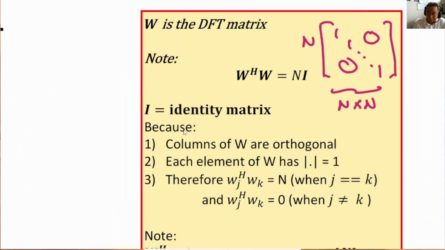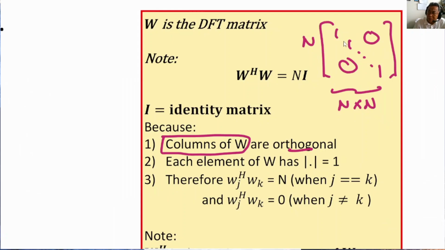And why is this so? Well, first, we told you that the columns of W are orthogonal. So when they're orthogonal, of course, it will produce all these zeros when we take the inner product of different columns together.